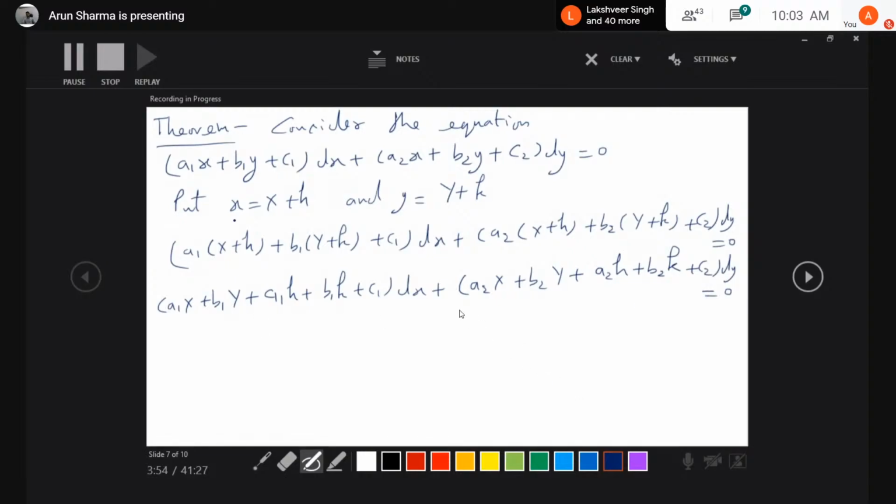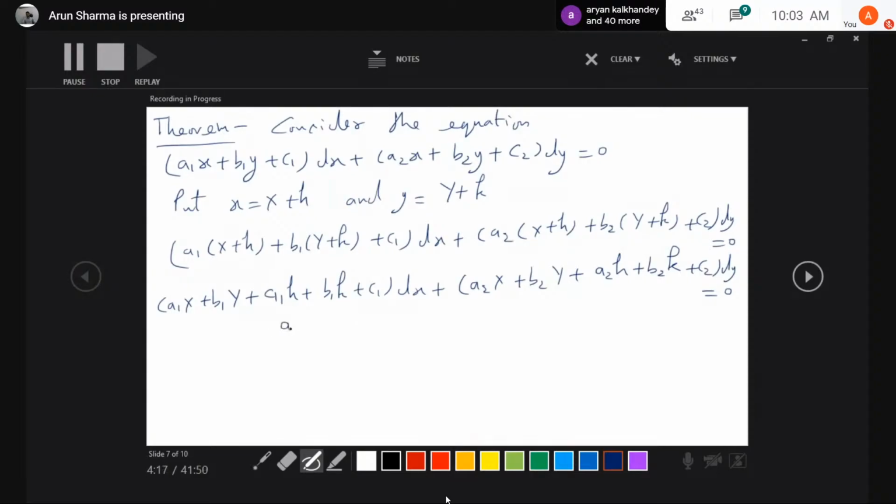So we will assume x in the form of capital X plus h. I will consider my h and k such that this term equals to 0, both the terms.